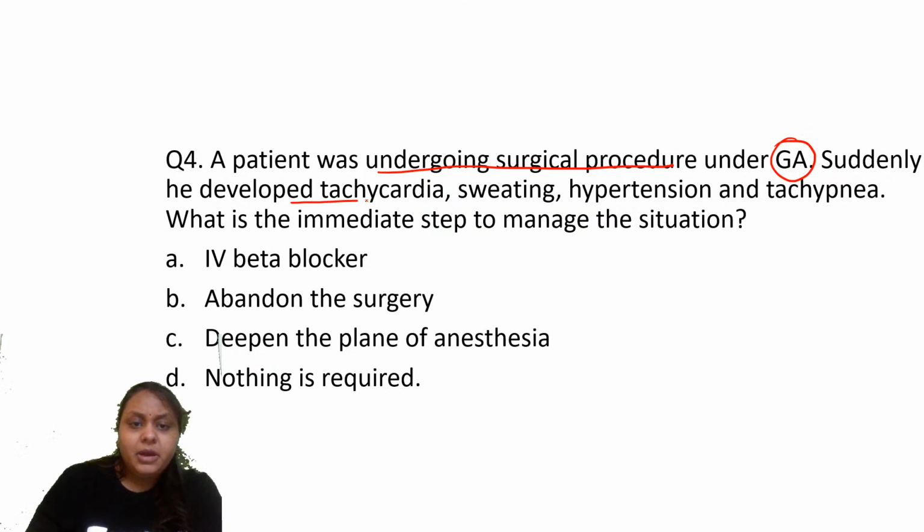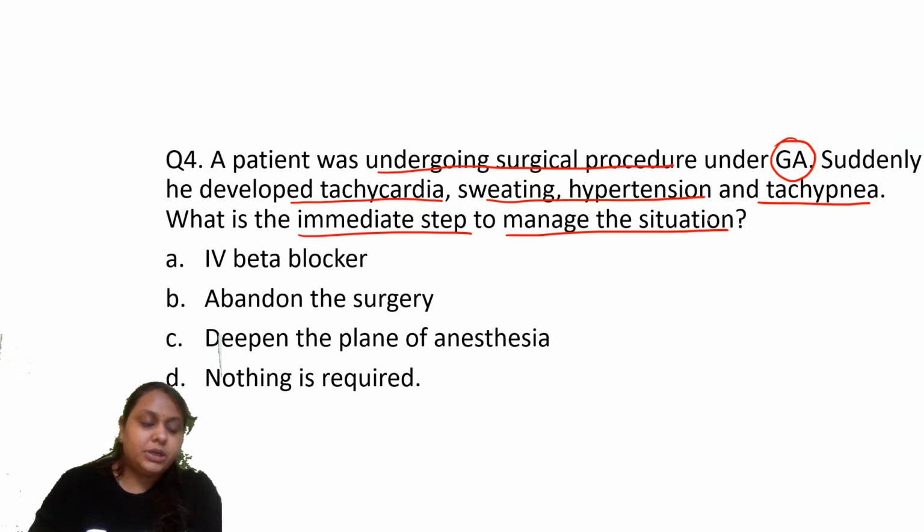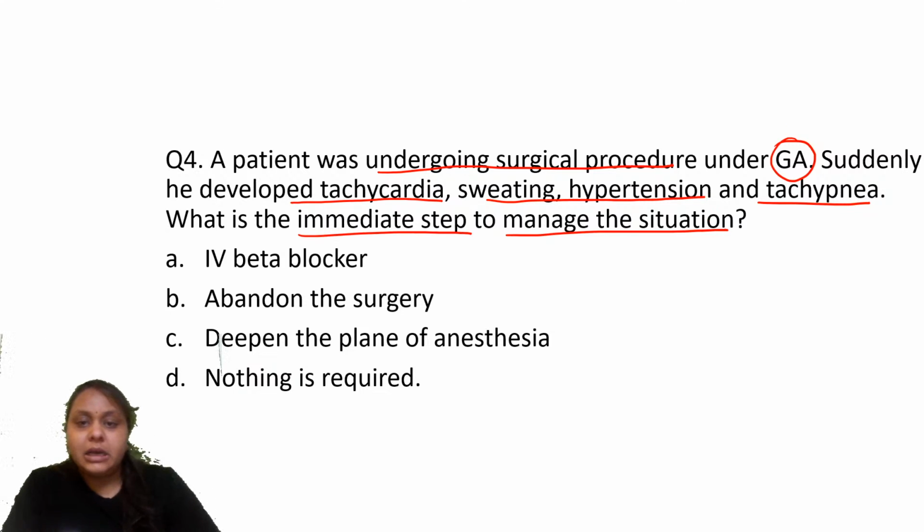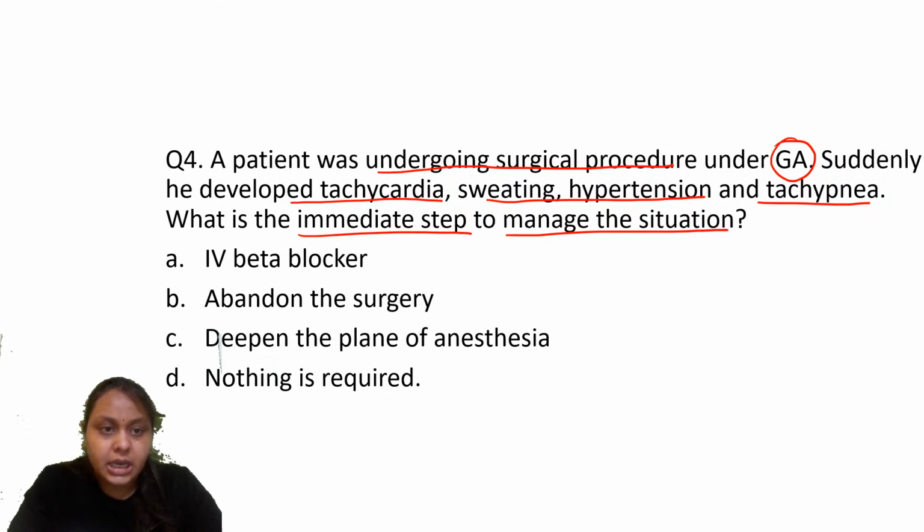Suddenly, he developed tachycardia, sweating, hypertension, and tachypnea. What is the immediate step to manage the situation? Is it A, IV beta blocker, B, abandon the surgery, C, deepen the plane of anesthesia, or D, nothing is required? What should be the answer for this?